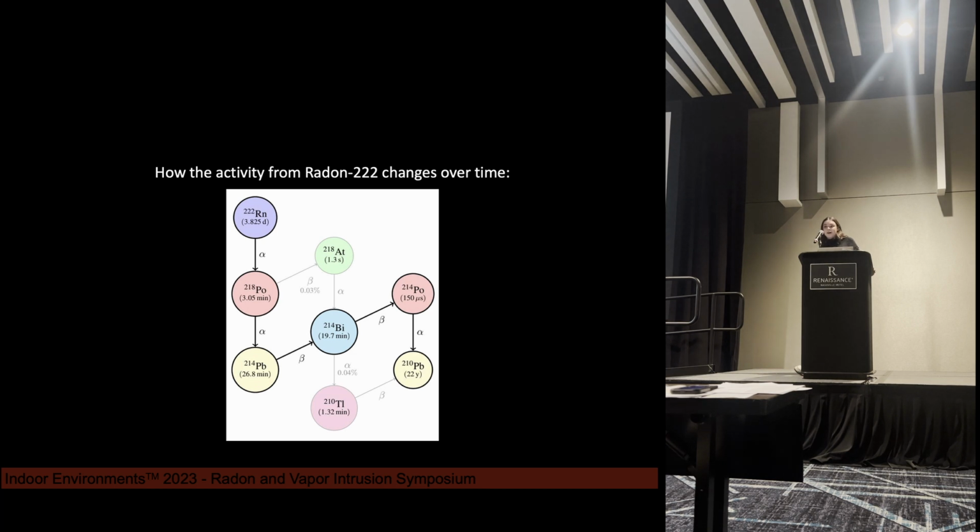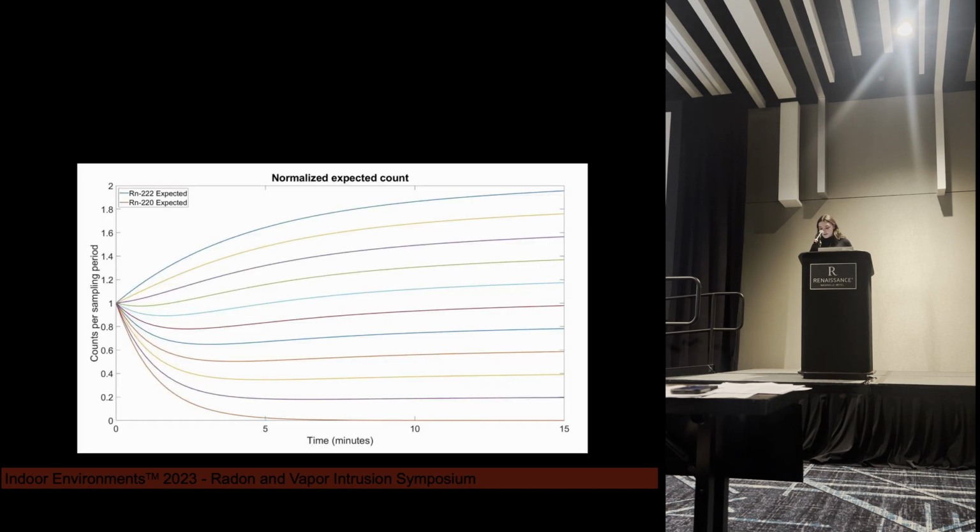That means if we start with 100 picocuries per liter of radon-222, after 3 minutes, you'll have 100 picocuries per liter due to the radon-222, plus an additional 50 picocuries per liter due to the polonium-218. So looking at the activity over time, we can determine the relative amount of radon-220, or thoron, and radon-222 in an air sample. Radon-220 activity will decrease over a few minutes, whereas radon-222 activity will increase.